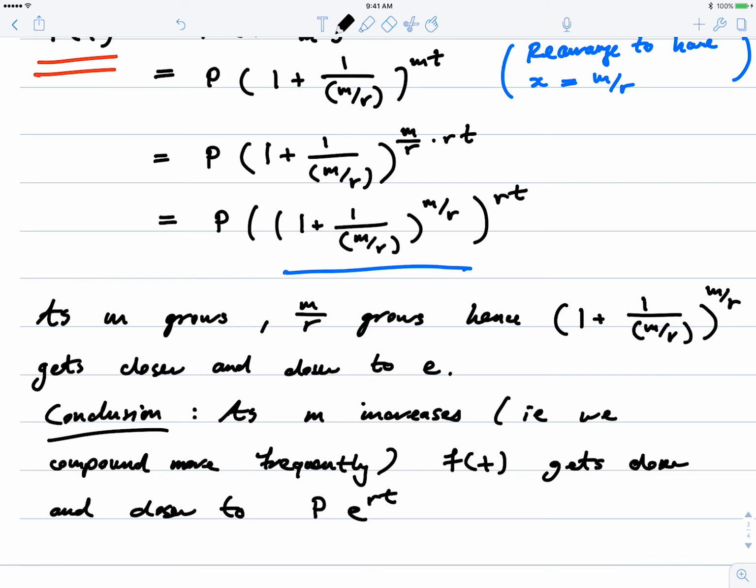Remarkable. So this thing here is a true exponential function. It makes sense for any value of t, so we no longer have steps or anything like that. This is a true exponential function.